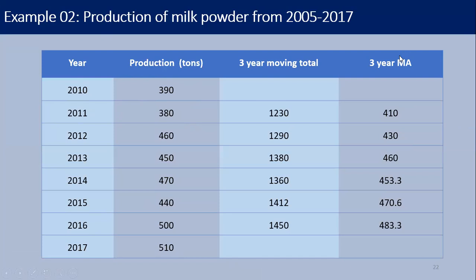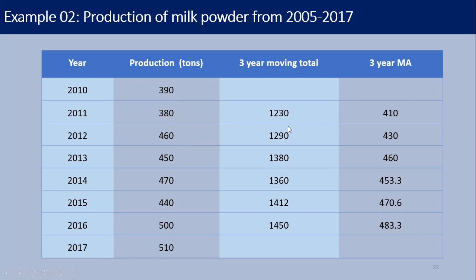A 3-year moving average means you have to take these consecutive 3 data, get the sum of these data and divide it by 3. For example, 390 plus 380 plus 460, the total is 1230.